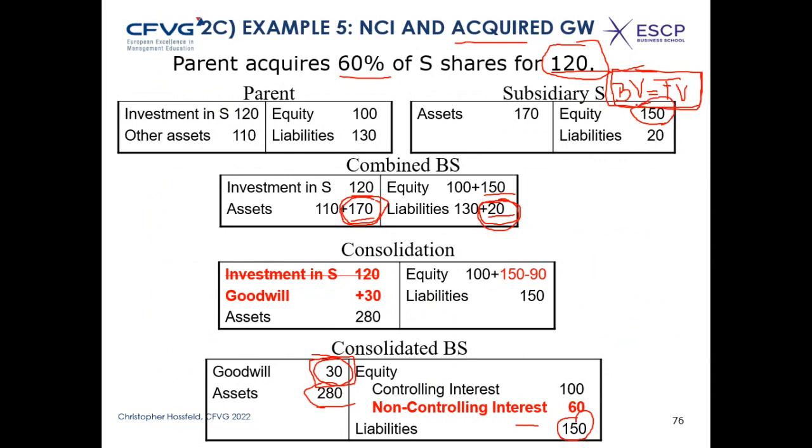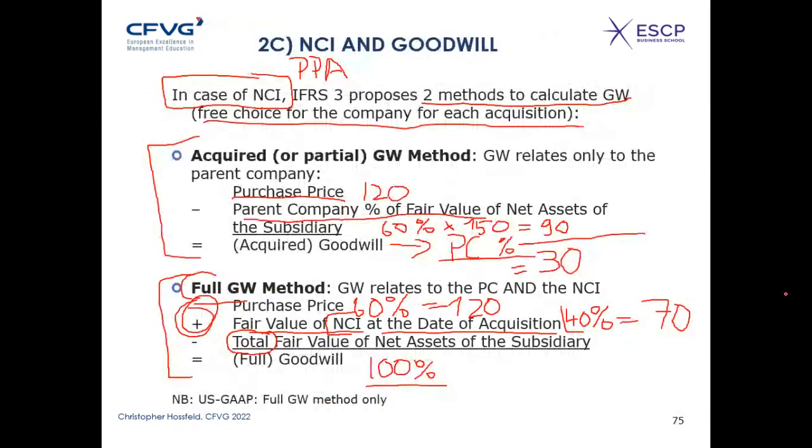Therefore, the fair value I get is 150. So I will deduct 150 because that is the total fair value of the subsidiary. That means 120 plus 70 is 190, minus 150 equals 40. So 40 would be the full goodwill, a goodwill calculated for 100% of the subsidiary.